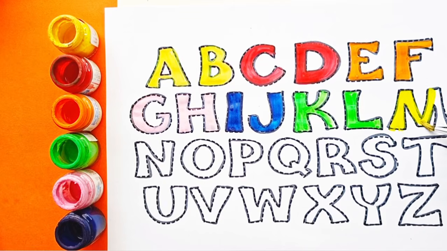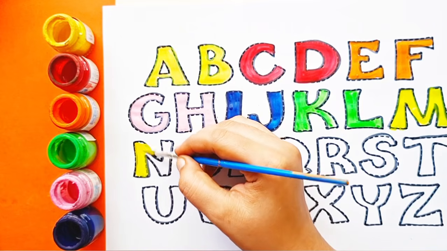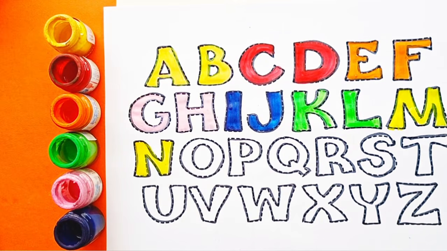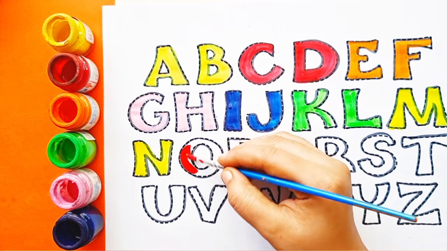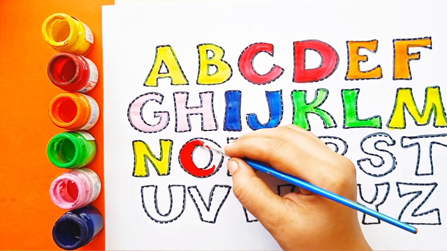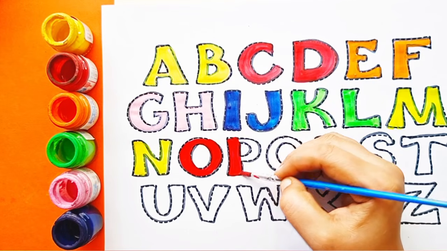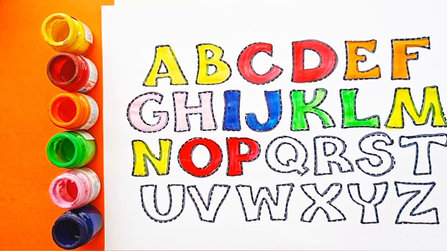M. M for mango. N. N for nose. O. O for orange. P. P for peacock.